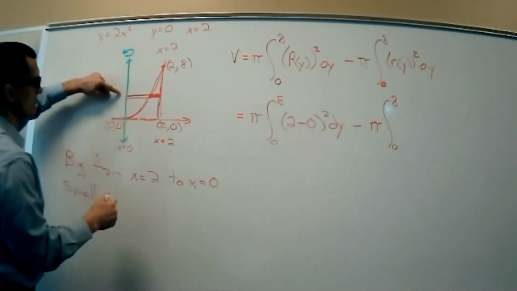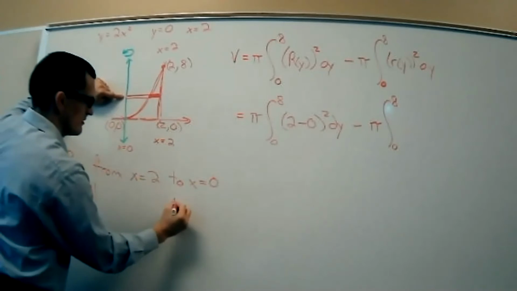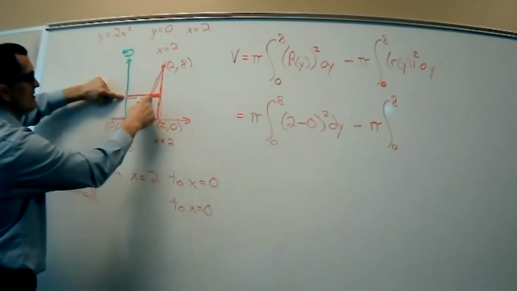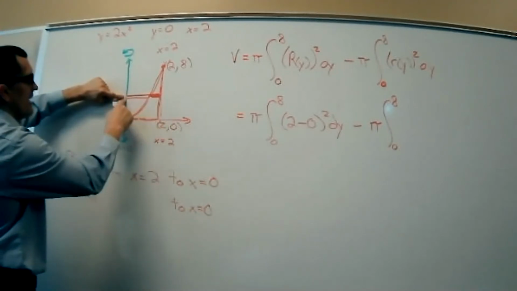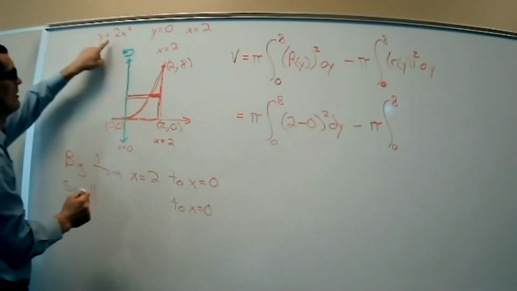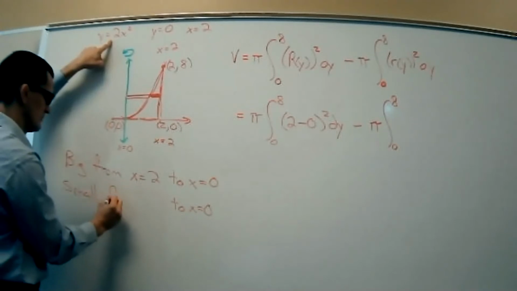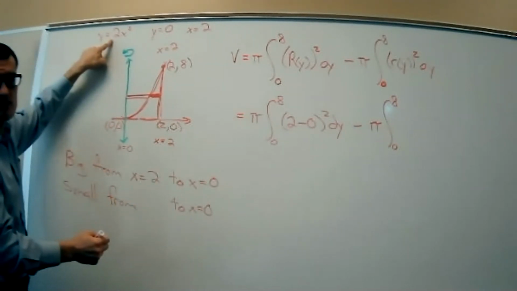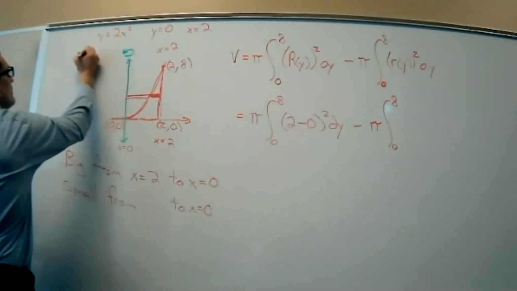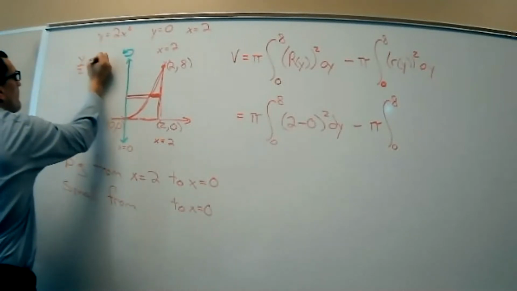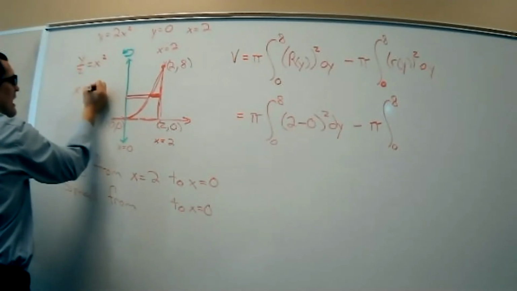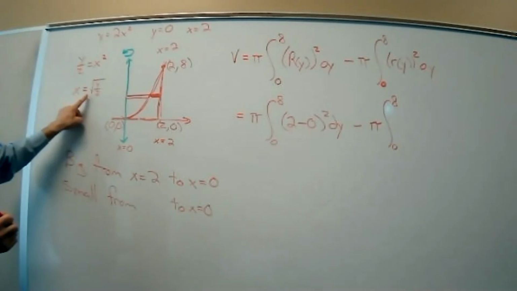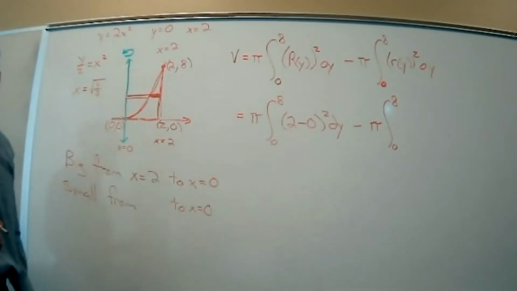Well, we're rotating around x equals 0, so that's, again, x equals 0. That's pretty straightforward. And it goes from this curve down to x equals 0. But I have to rewrite this curve. So I'm going to divide by 2 and go x has to be the square root of y over 2. Notice I used a positive square root because we're in the first quadrant.